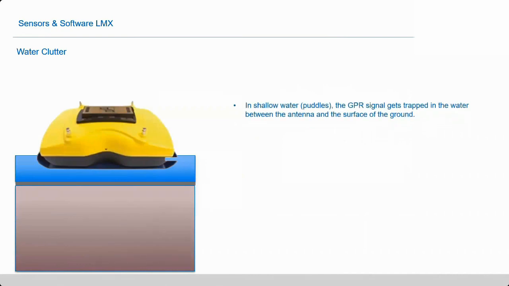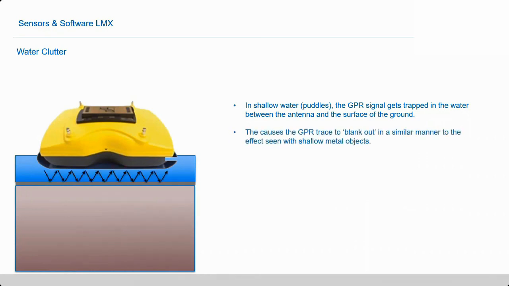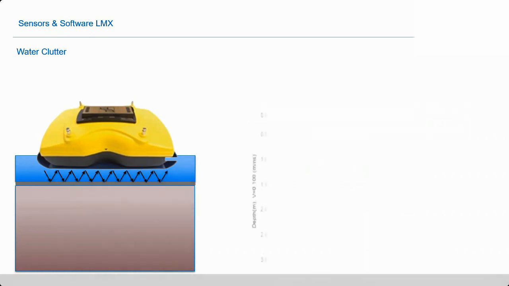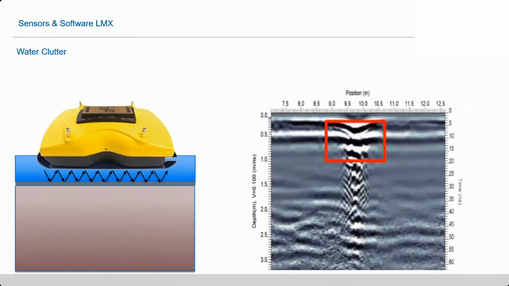What actually happens is the signal gets trapped between the bottom of the antenna and the road surface, and it bounces around in there. And you get a similar effect as you get with shallow metal objects. And we call this water clutter. So this is what people think water does.